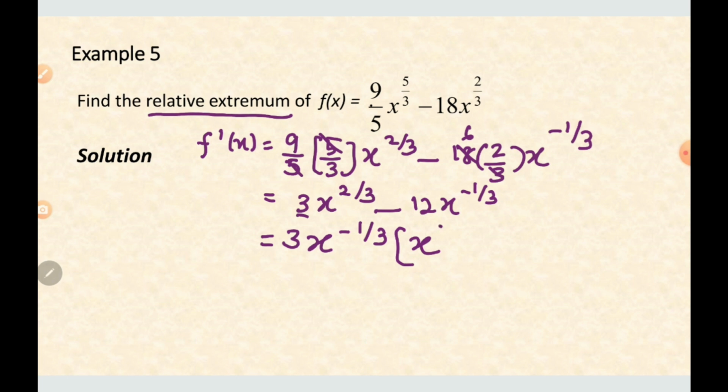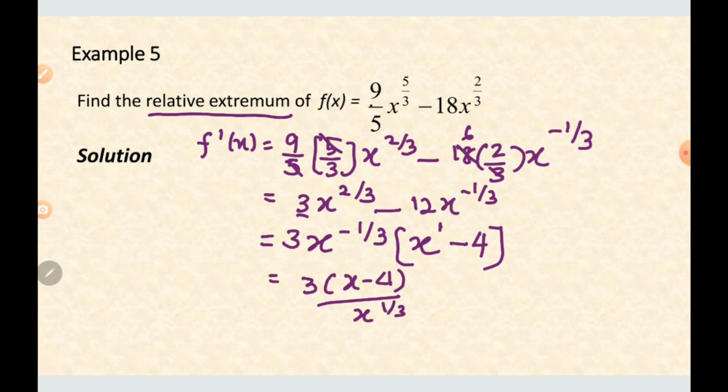So x to the power of 1 means 3 over 3 minus 3 times 4, 12. x to the power of negative 1 over 3 we already factorized. So inside the bracket we have x minus 4 only. Therefore, f prime x equals 3 times x minus 4 over x to the power of 1 over 3.